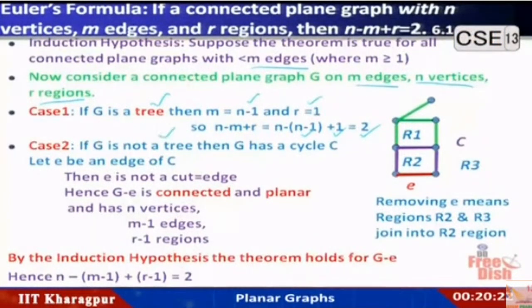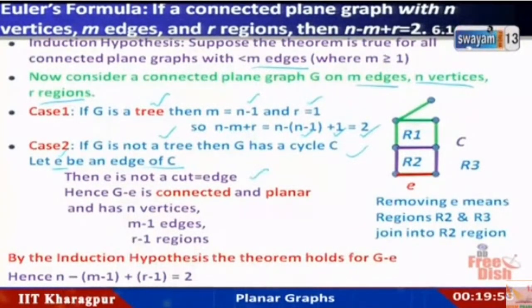Now let us say that the graph is not a tree, so it has a cycle. Consider the cycle C, and on this cycle there is an edge called E. This edge E is not a cut edge, because if an edge is on a cycle, then as we have seen in the previous videos, it is not a cut edge.